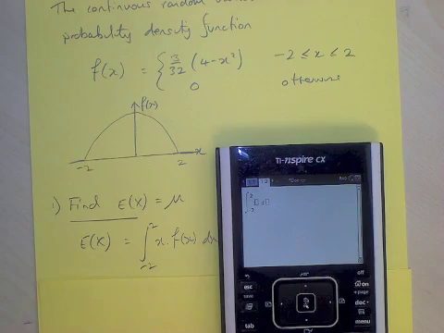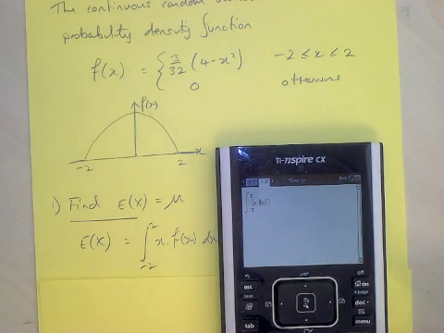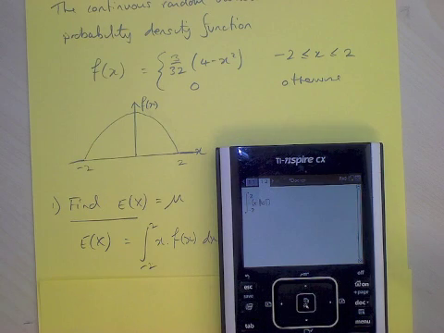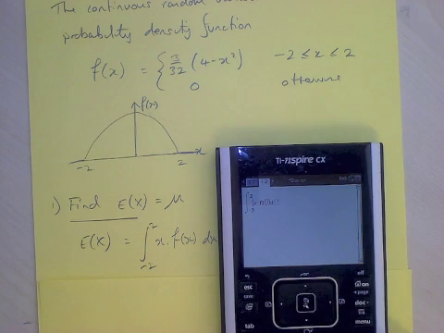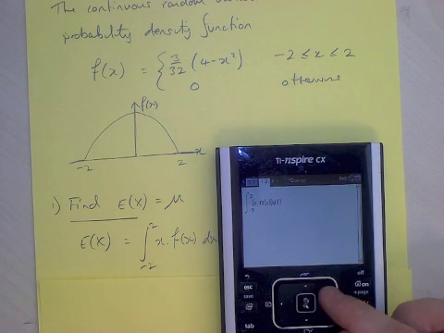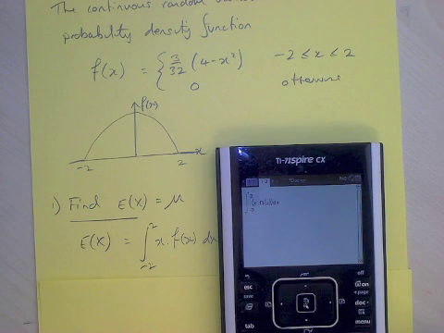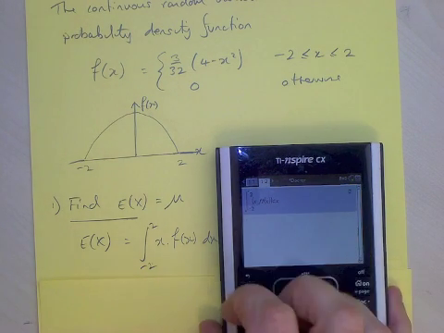Then the integral of x times, I don't even have to type out the function, because I drew the function on the previous page, so that function is already stored as f1. I can punch that in quickly. You can see this is going to be a very quick way of obtaining these answers. So the answer there is 0.